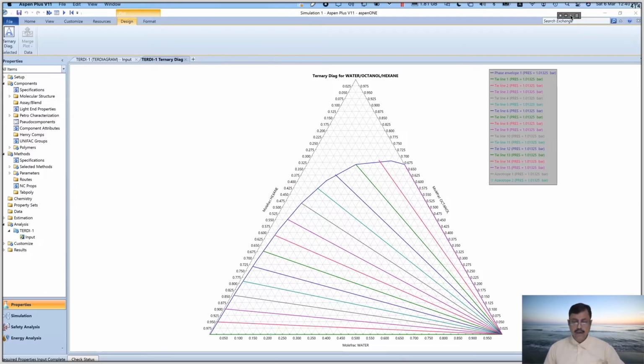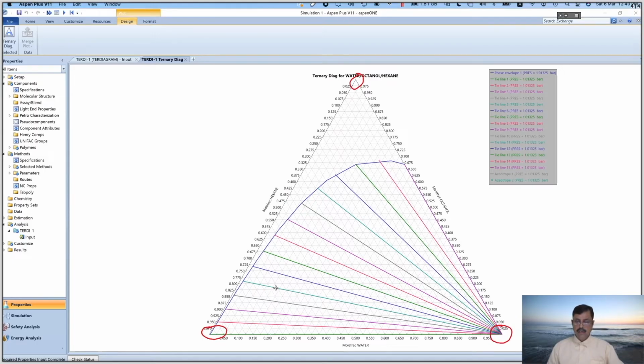So here we have 100% octanol, and this is the point where we have 100% water, and at this point we have 100% hexane.